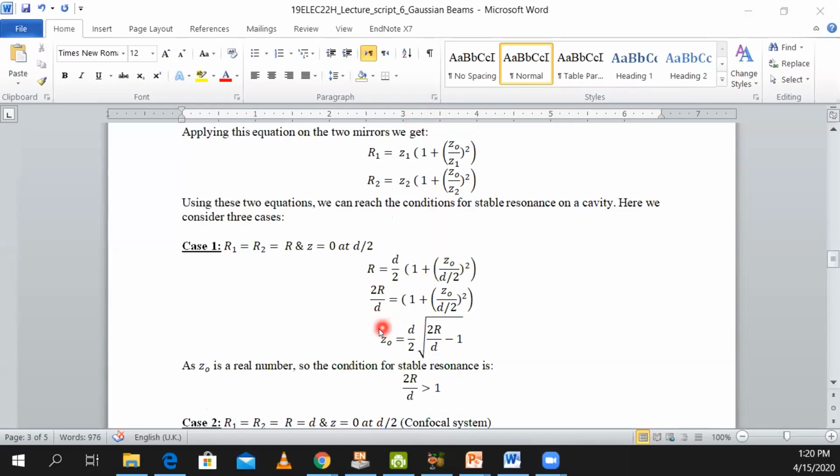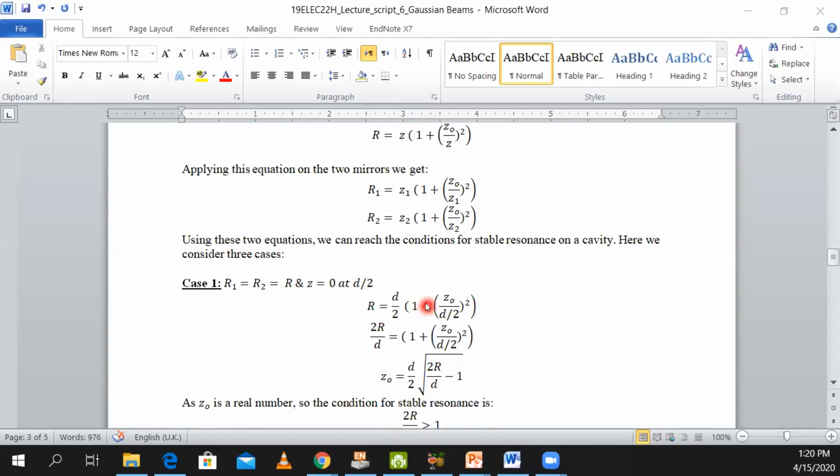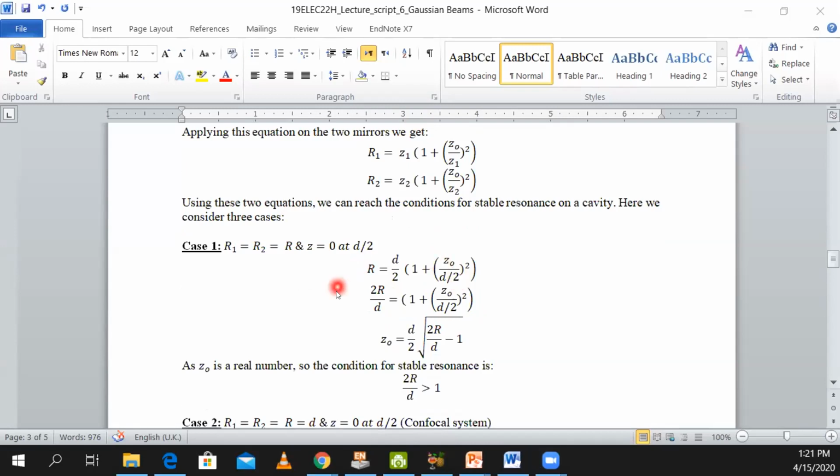Now you know that Z node is the distance at which we lose 1 over root 2 of our intensity, based on the example we did together. So Z node is a distance, whatever its definition, it should be a real value. If you try to get Z node on one side and all other parameters on the other side, you will find that Z node is equal to d over 2 times the square root of 2r over d minus 1.